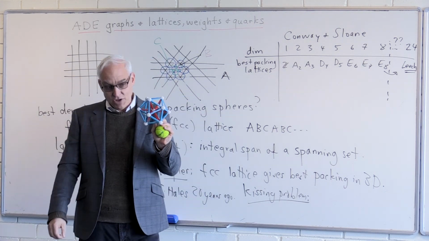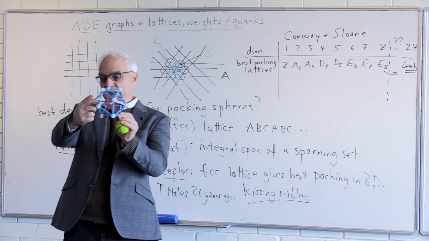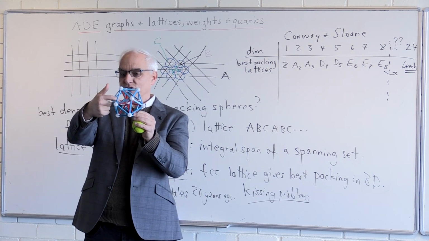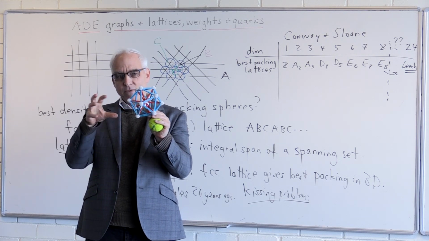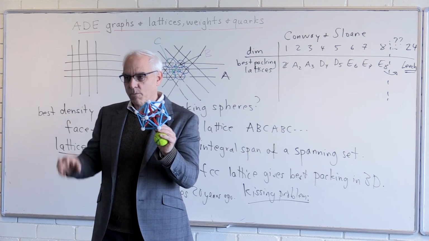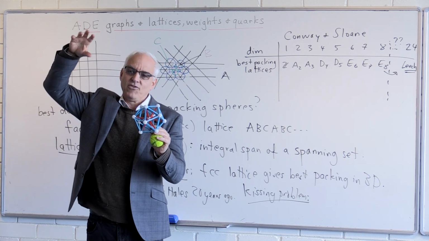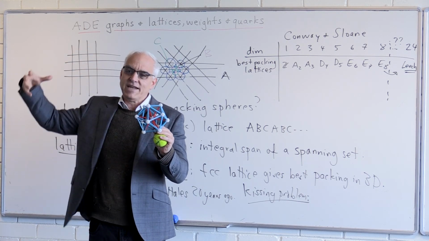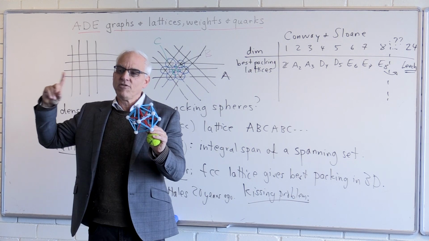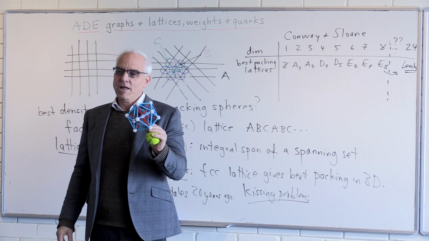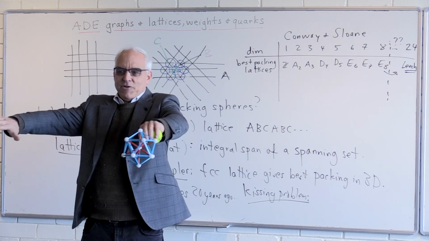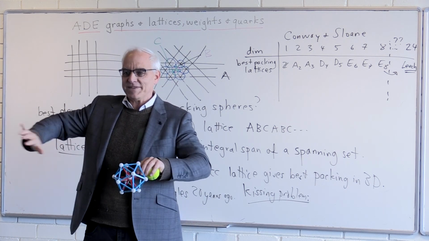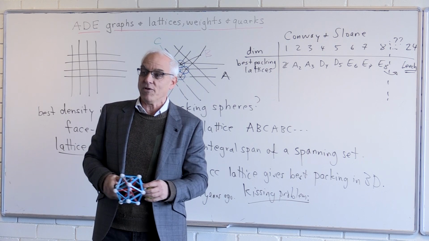If you look carefully at the geometry, you'll see that these red bonds are just a little bit shorter than the blue bonds. That means that when you get to that stage, there will be a little bit of space between the spheres around the central sphere. None of them will be touching each other, and there's space to wiggle them around. Maybe there's space to move them into some position so that a 13th one will fit in.